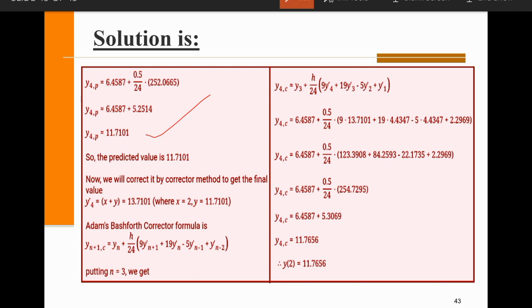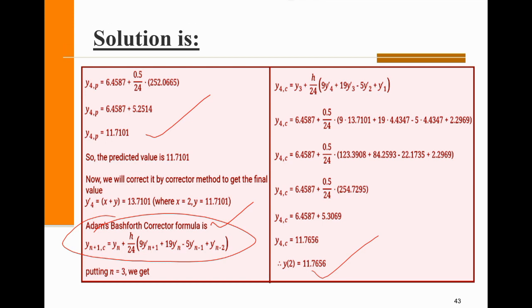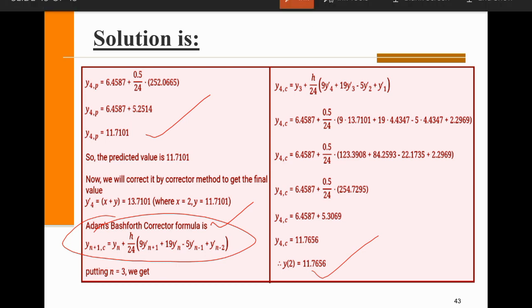So after getting the predicted value, we will correct the value with the help of the correction technique. So this is the correction technique of the Adams-Bashforth formula. So just substitute your predicted value here, you will get the corrected value. Now see the results. This is your y4 with the help of Adams-Bashforth.